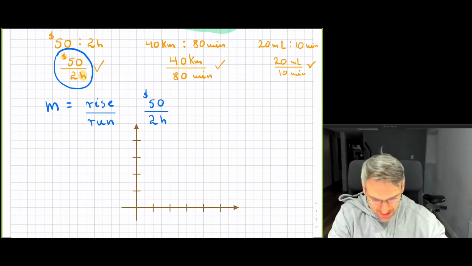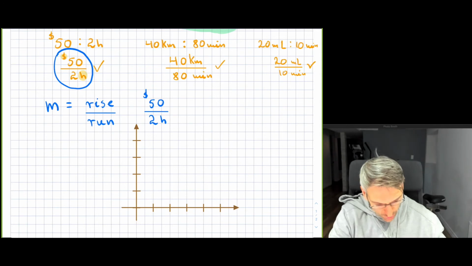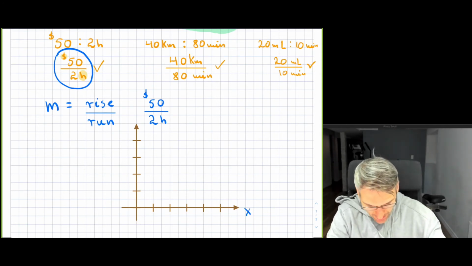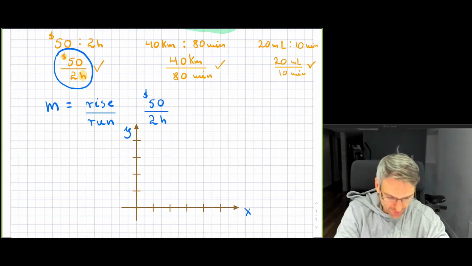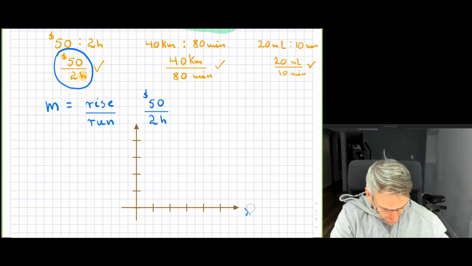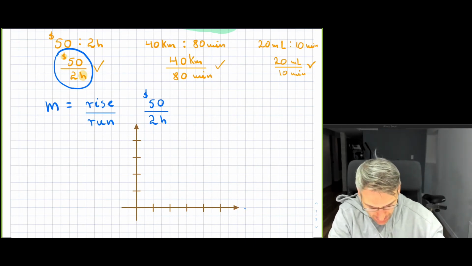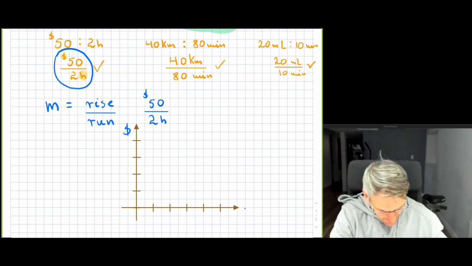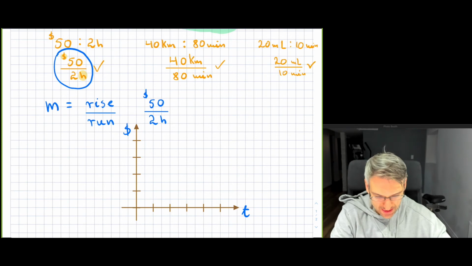Now, notice that originally we would put our X right here, and then our Y would be on the vertical axis. But now we're dealing with money, so money would be on this axis, and then we have time on this axis, and that's coming from right here.